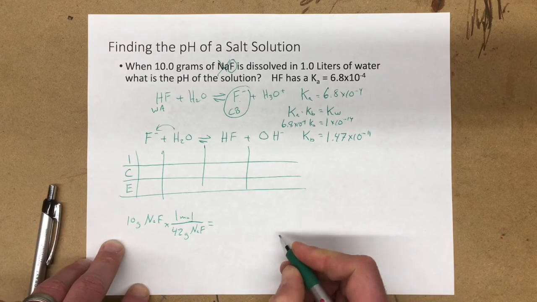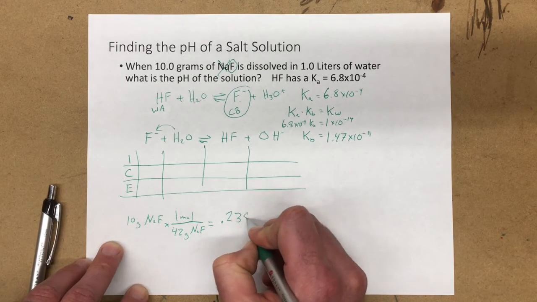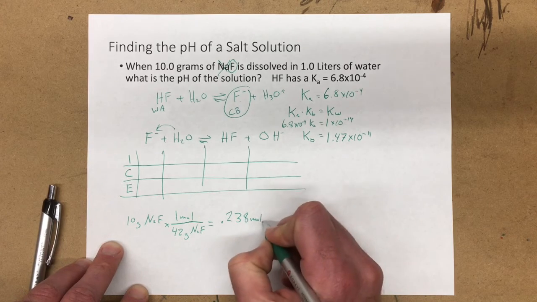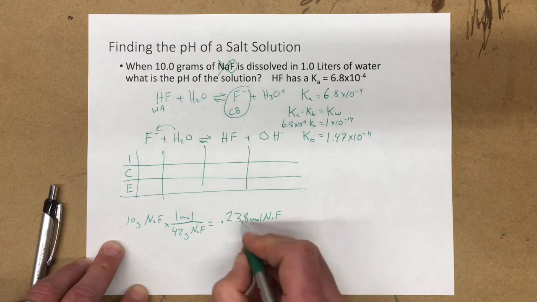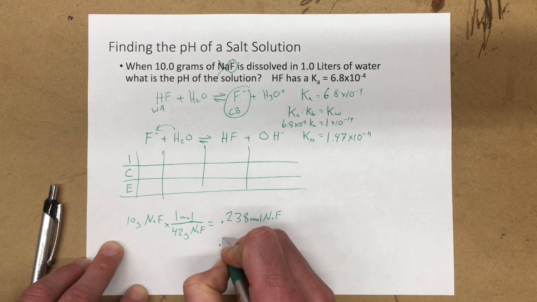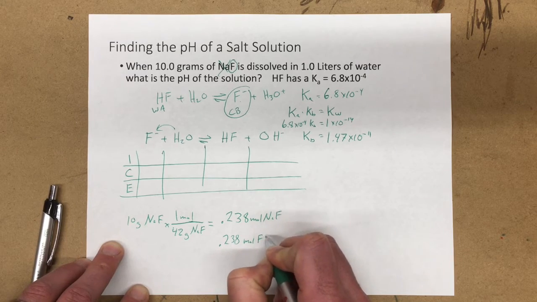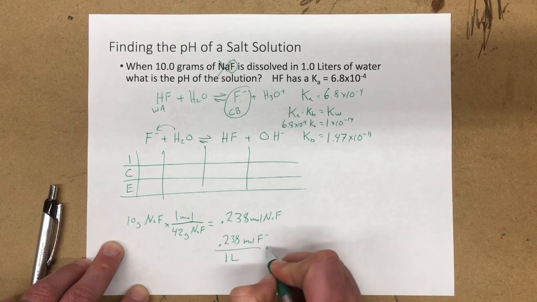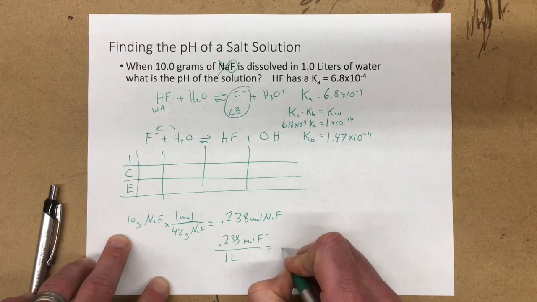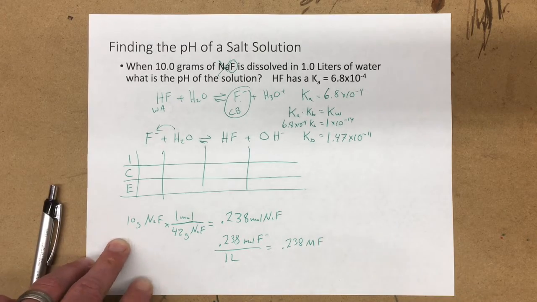So that means that I have 0.238 moles of NaF. I don't really care about the NaF, I just care about the fluoride, but I have 0.238 moles of fluoride ion. And what's in 1 liter of solution, so our molarity of fluoride ion is 0.238 molar for the fluoride ion.